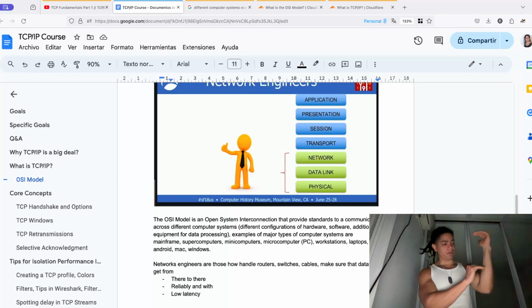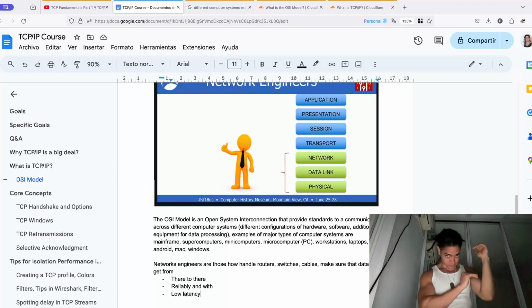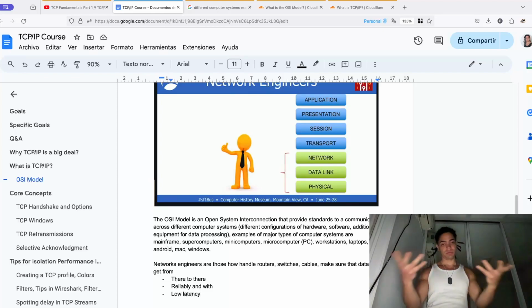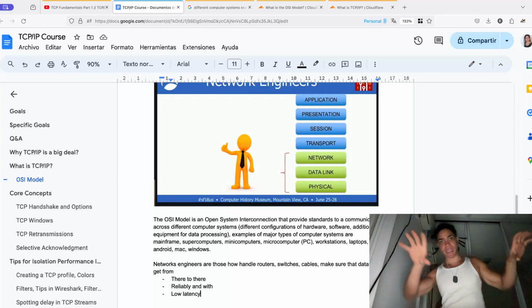The OSI model is the model that allows that communication. It is made of several layers, and to make things easier for businesses, for companies, and even for ourselves as consumers, the people that use these computers, we split them into server people and network people.